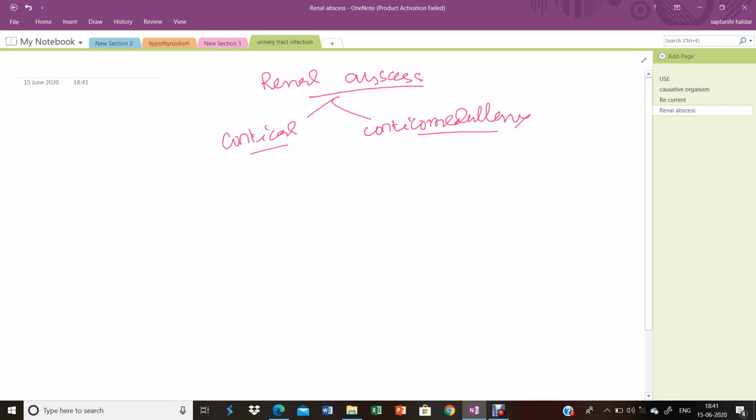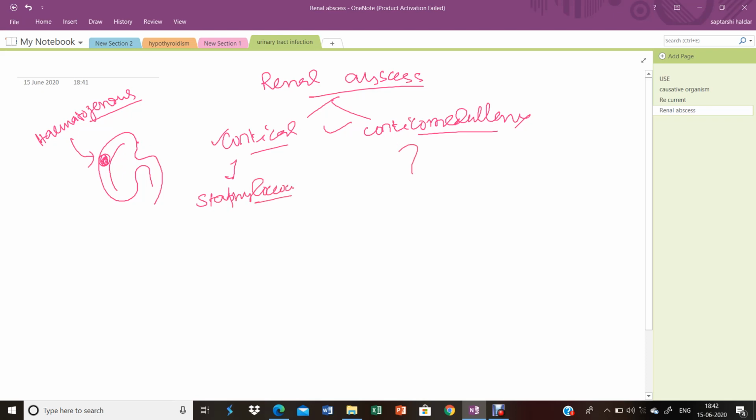We look at whether the abscess is present in the cortex or at the corticomedullary junction. When it is present at the cortex, the most common spread of infection is hematogenous, and the causative organism includes Staphylococcus.